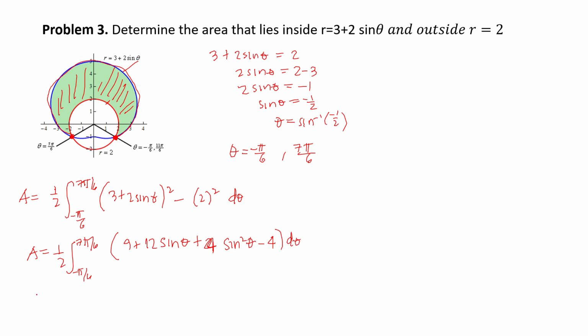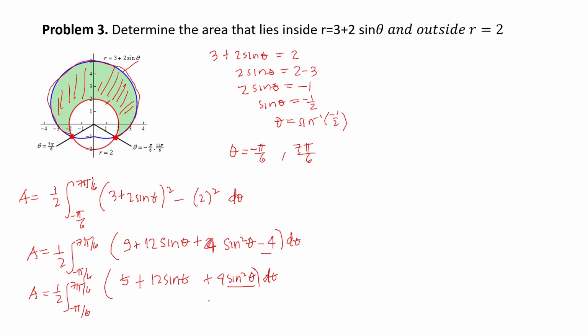We have to simplify. This is 5 plus 12 sine theta plus 4 sine squared theta d theta.